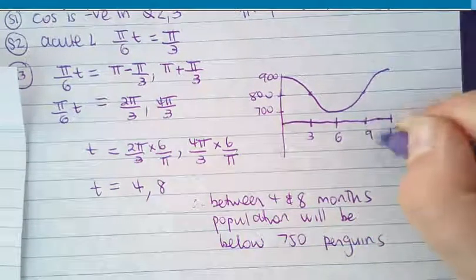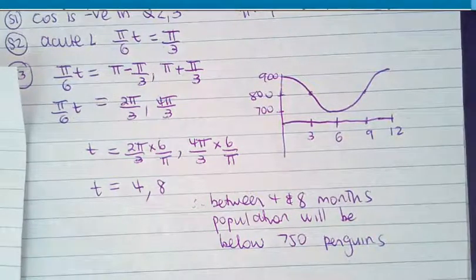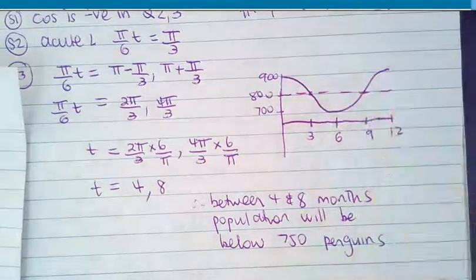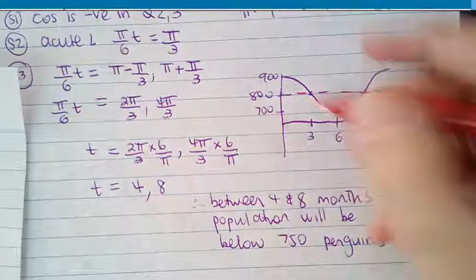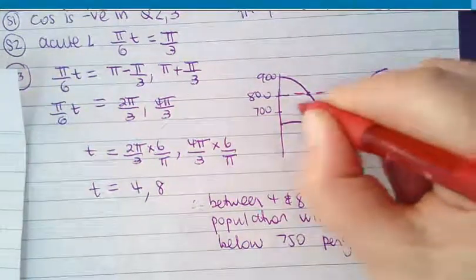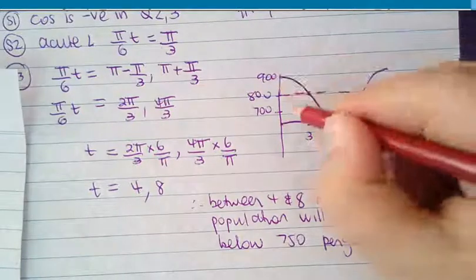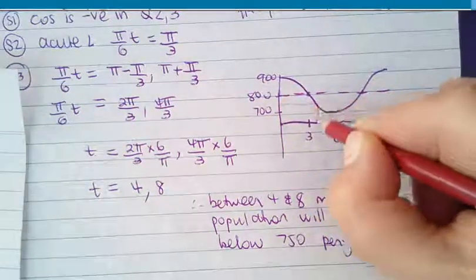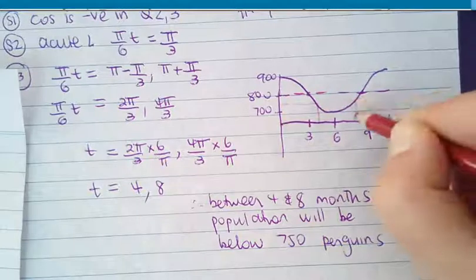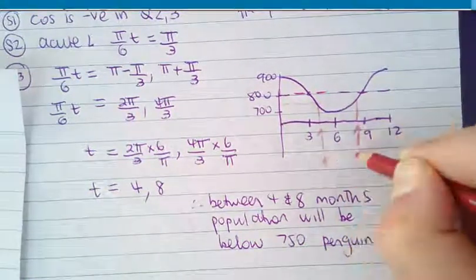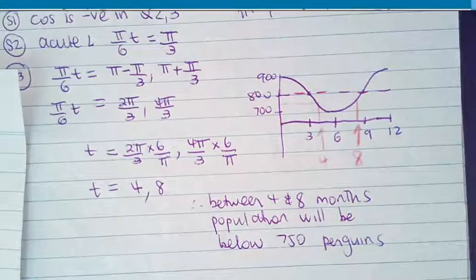And it's 9 months at 800 as well. And then if we're looking at 750, that is here. So your 750 is here, and it's from 4 months, and it's also here. And these numbers ended up being 4 and 8 on the 750 mark.